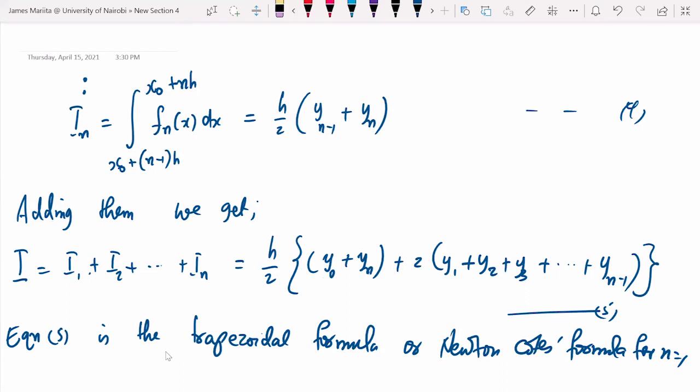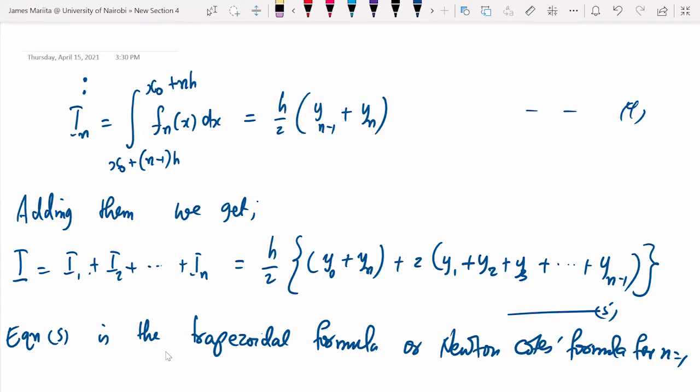So this equation 5 is what is called the trapezoidal rule. One thing you're supposed to notice is that under this trapezoidal rule, the area of each stripe is calculated separately, and then the area under the curve is the sum of the areas of all the n trapeziums.